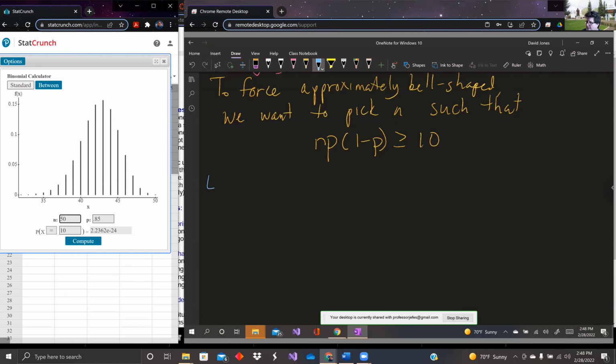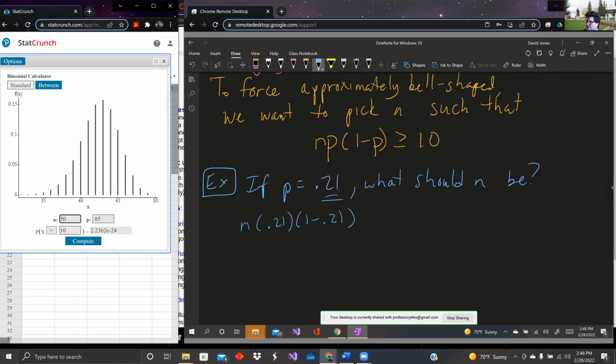Let's go with if p equals 0.21. What should n be? So n is the value I don't know. I'm going to plug that value in now. I've got n times 0.21 times 1 minus 0.21. I want that to be greater than or equal to 10.